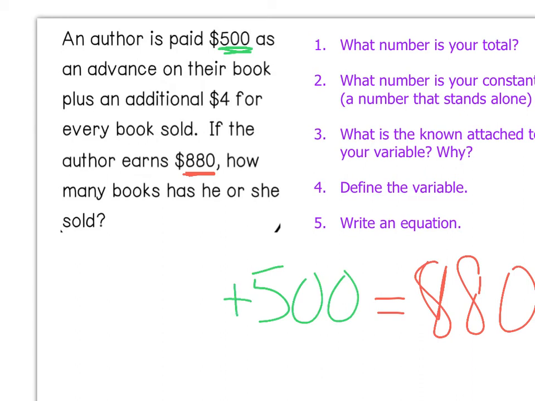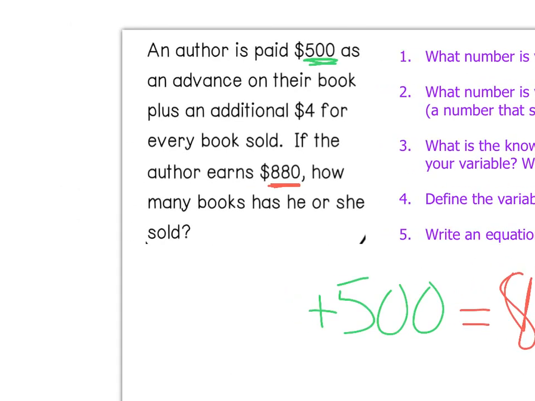Okay, the next step is what is our known, or what are we multiplying by? So if you look at the problem here, it says $4 for every book sold. Well, the first thing we don't know is how many books have they sold? That is our variable there. We do not know how many books they have sold.